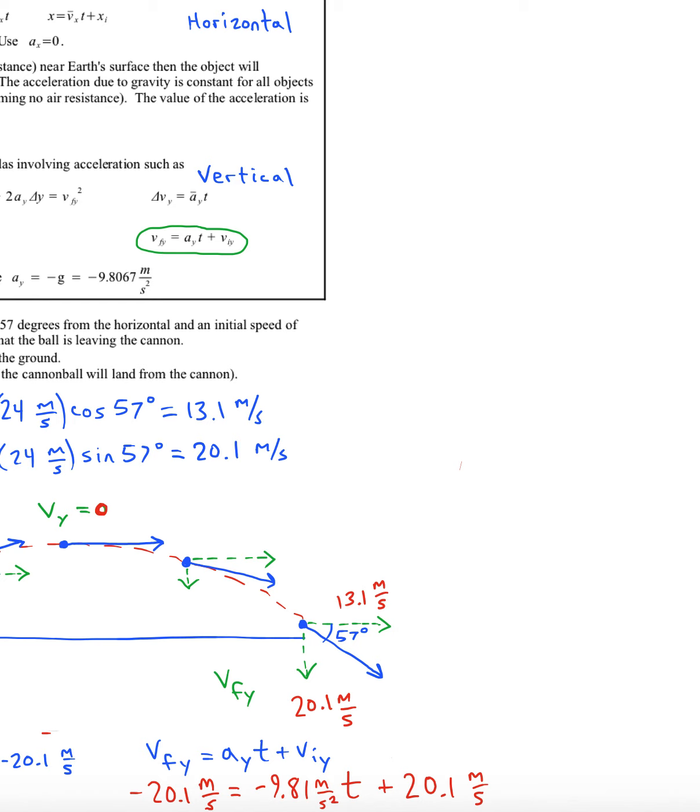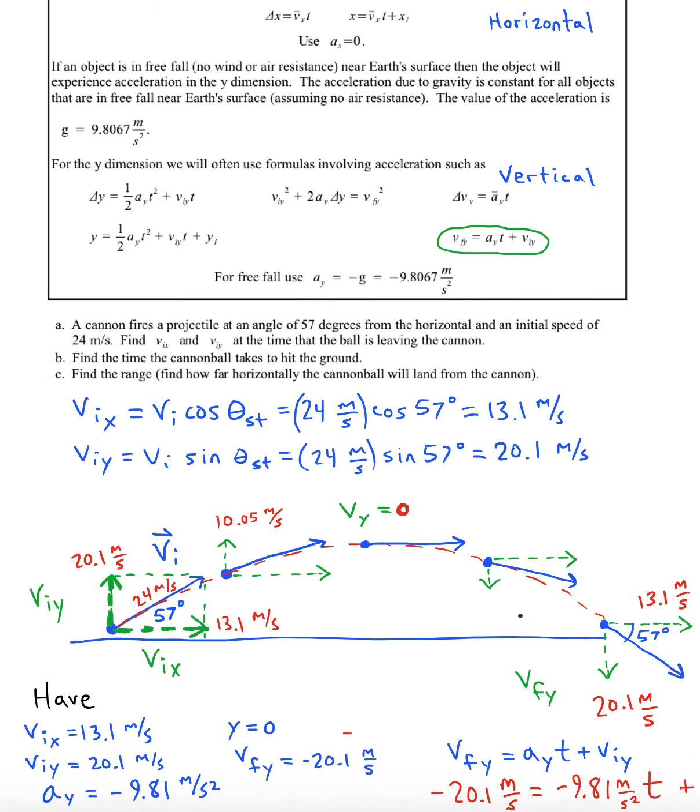Let's solve for t. I get 4.10 seconds. This is the answer to B. So that's how long it takes for our projectile to come back down to ground level. The cannonball hits the ground 4.10 seconds after the launch.